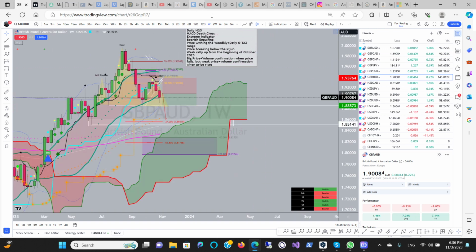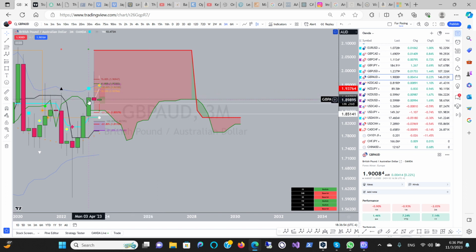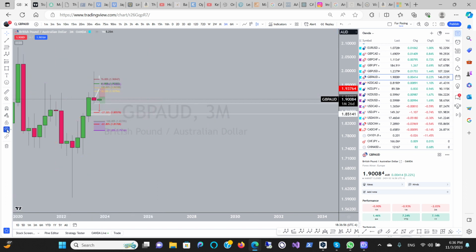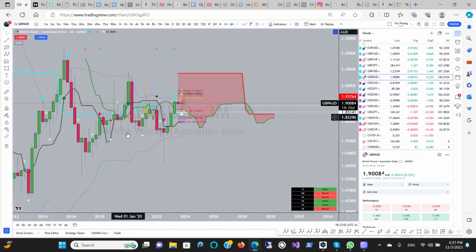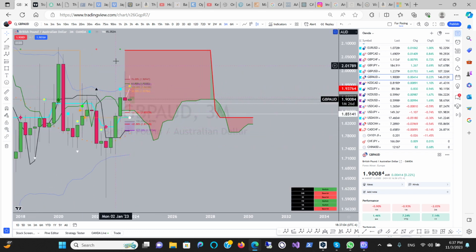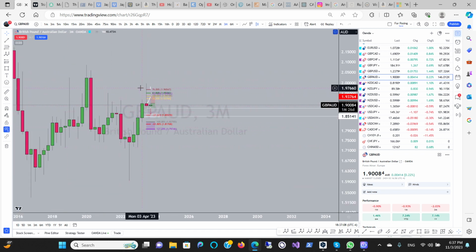There's nothing else. I tried to short this, but this bar here, I think that the GBP AUD was going to fall down. It hit resistance, but instead it's a shooting star, right? Three quarters up, shooting star.